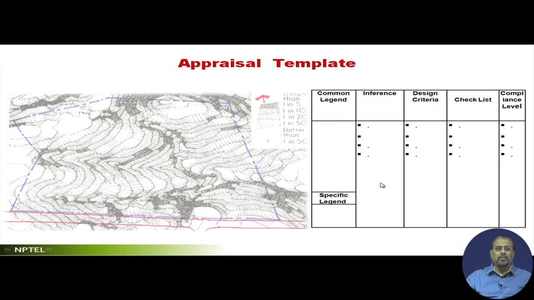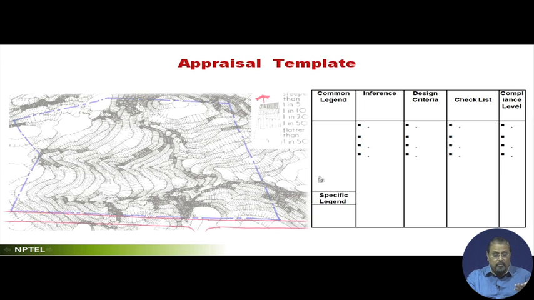The whole process is a big teamwork. With respect to a large landscape project, you cannot do it alone. There will be somebody who goes for the reconnaissance survey if possible; if you are not going, somebody else will do it.